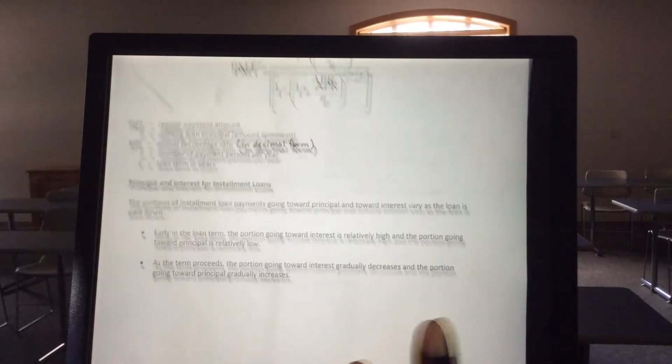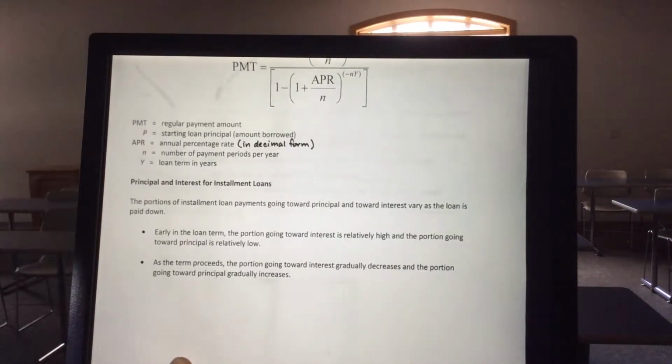Now, the principal and the interest for installment loans. The portions of installment loan payments going toward principal and towards interest vary as the loan is paid down. Early in the loan term, the portion going towards interest is going to be relatively high, and the portion going towards principal will be relatively low.